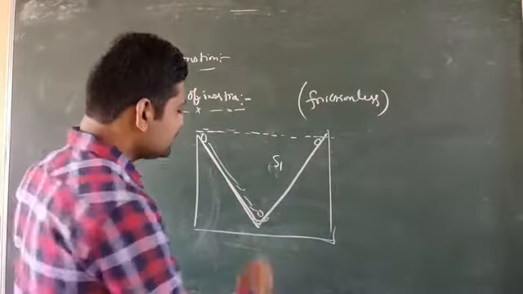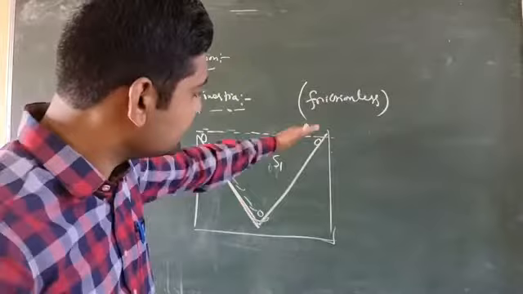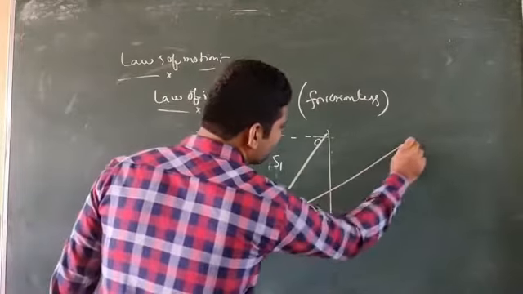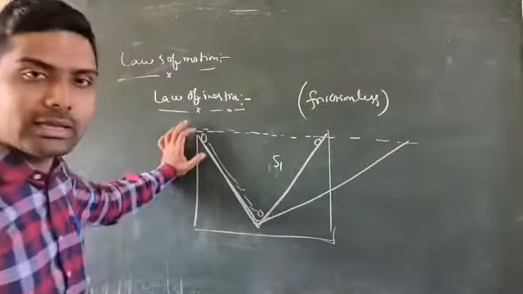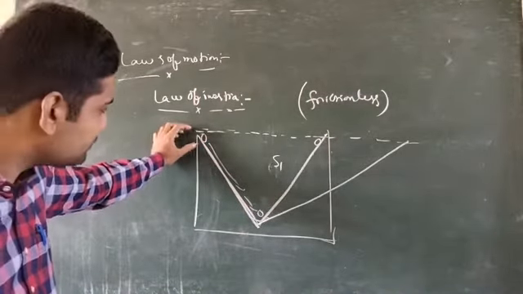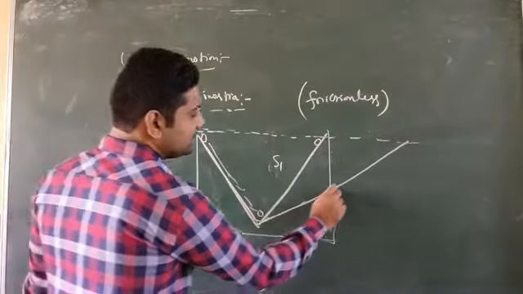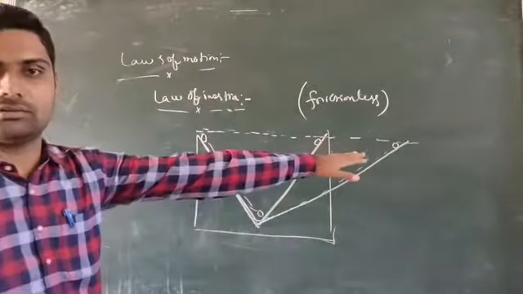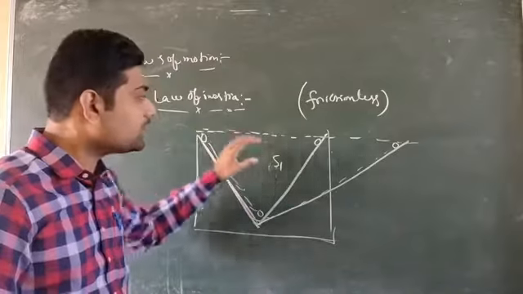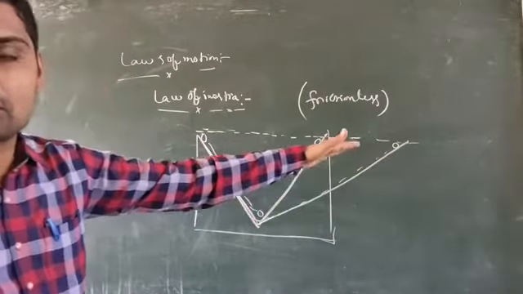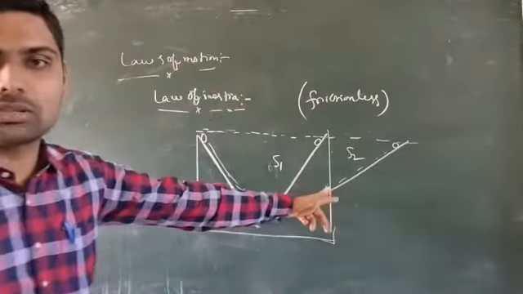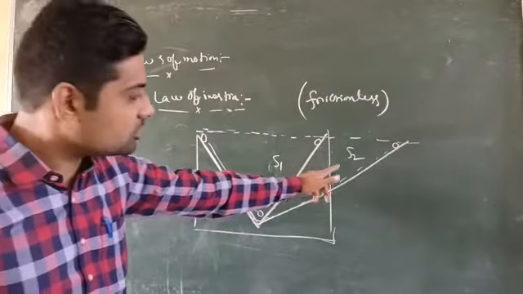What happens if we tilt this inclined plane towards horizontal like this? If we roll the ball from here, the ball will again attain the same height. But in this case, to get the same height, the body travels s2 distance. Here the distance s2 is more than in the first case, s1.